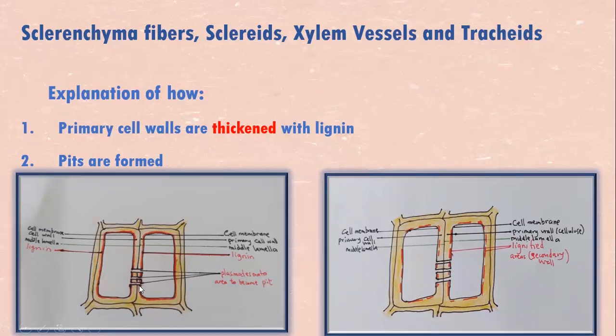So you have a solid cell wall, secondary cell wall of lignin, and this becomes a lumen, dead cell. In other cells, like the xylem vessels, the lignin is not laid all over the cell. The lignin is laid in various tiles all over the cells.